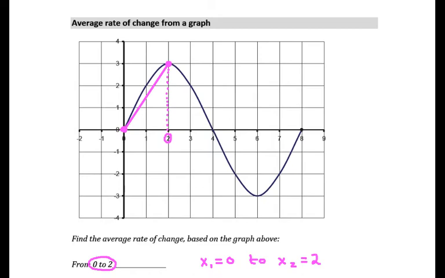So I can see, first of all, this is a positive slope. I'm going to call it m. M is equal to a positive number because as I read from left to right, it is increasing.